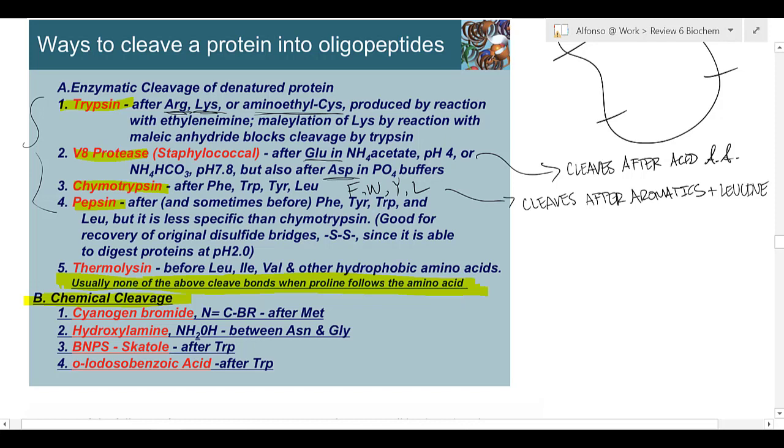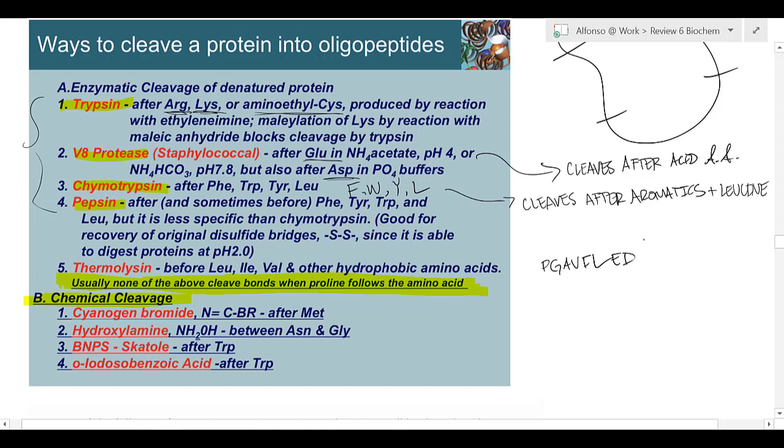So let's say that we have an amino acid sequence. Give me an acidic amino acid. No, ED, that's good enough. Let's say this right here is our polypeptide.